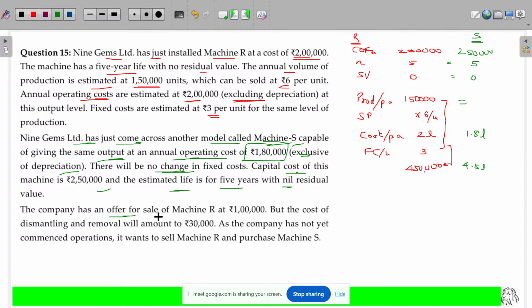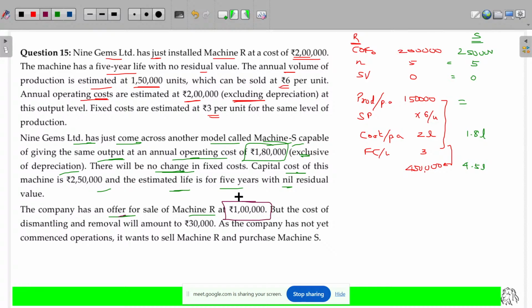The company has an offer for sale of machine R. You have already installed it, and the new model comes at the rate of rupees 2.5 lakhs, where you can gain almost 20,000 rupees in operation every year. Then you are tempted to move from R to S, but you already purchased R. What can you do? Dismantle and sell as scrap. The company has an offer for sale of machine R at rupees 1 lakh.